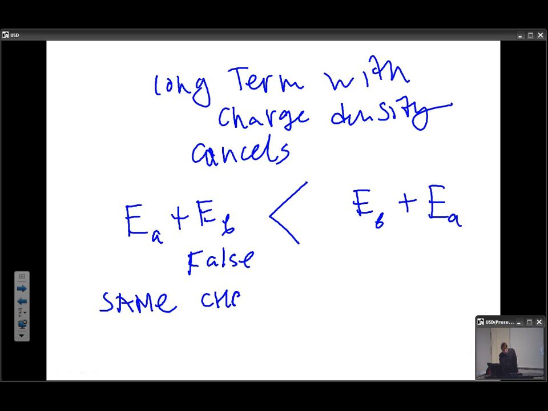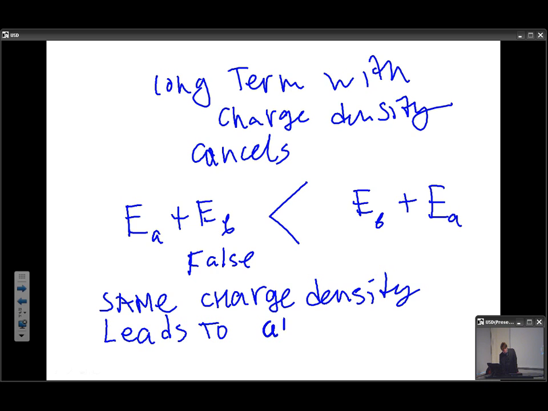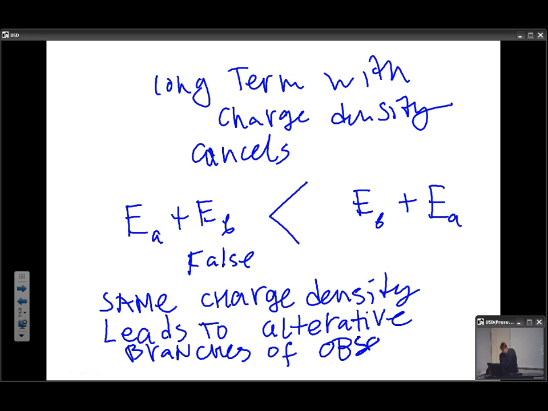Same charge density leads to alternative branches of observable.